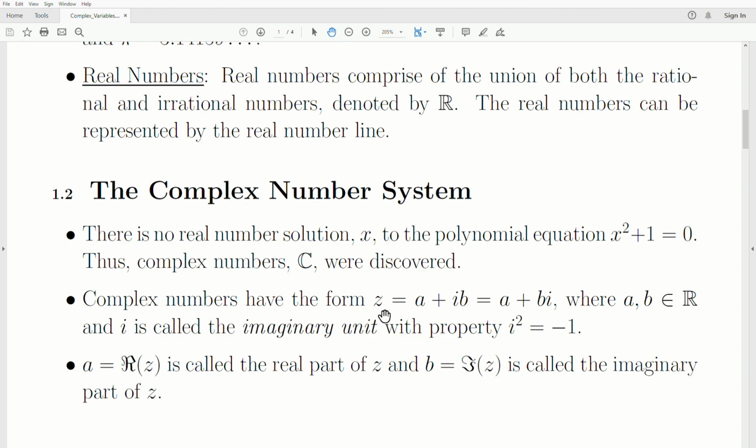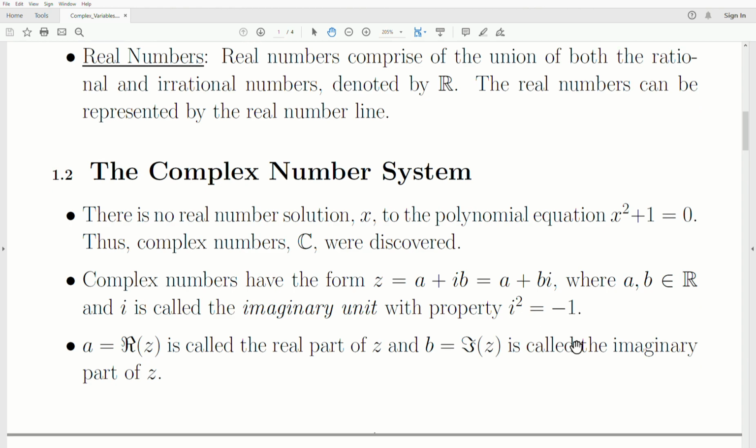Complex numbers have the form z equals a plus ib. Now, some like to put the i behind the b, so a plus bi. Both are okay, and we'll use both notations. And a and b are real numbers. Now, i is called the imaginary unit, and it has the property that i squared is equal to -1.